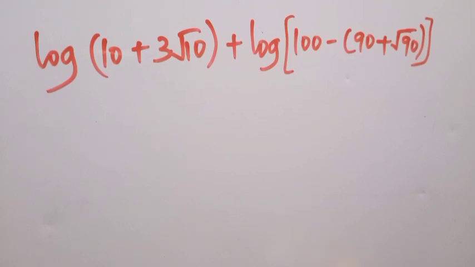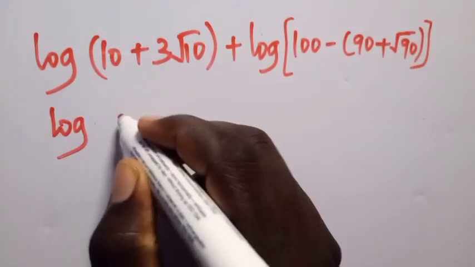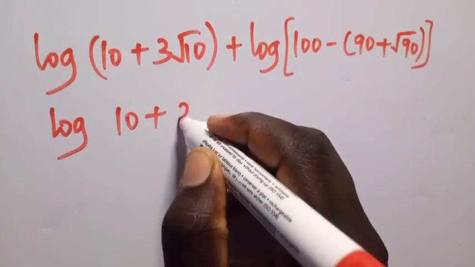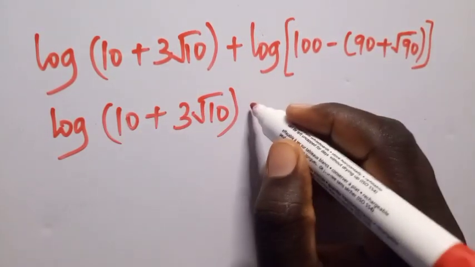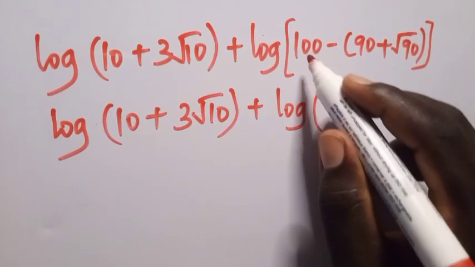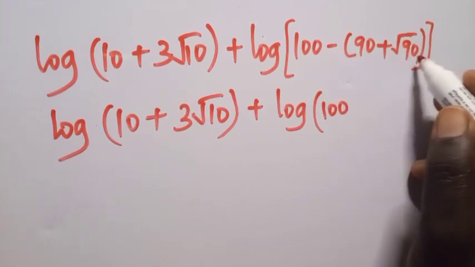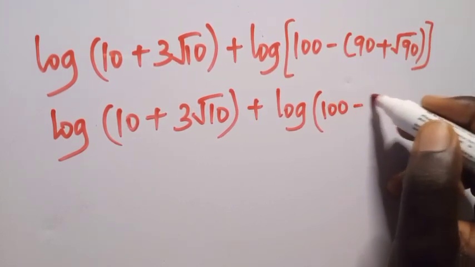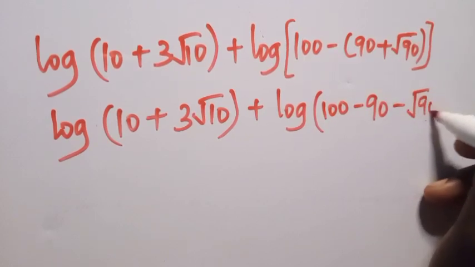Now from there we can proceed, and therefore we shall have the logarithm of 10 plus 3 root 10, plus the logarithm of 100. Now we need to open the bracket here, and therefore it will be minus 90, then minus root 90.